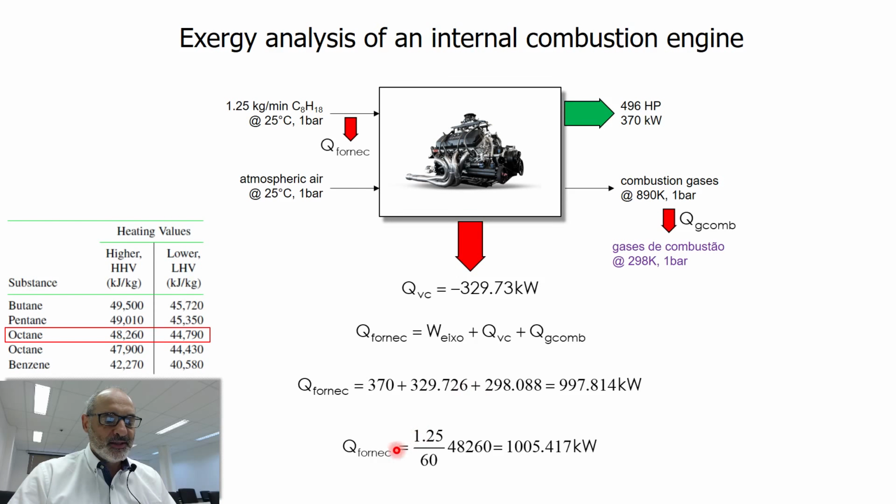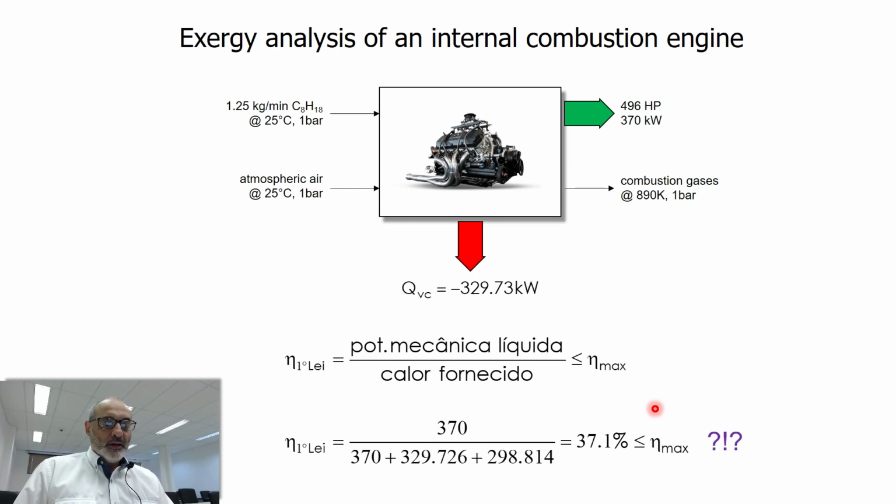If we assess this through its higher heating value, I have this charted data, I get a slightly different number, but this is okay because there are different ways of assessing this number here. So this is not a problem actually.